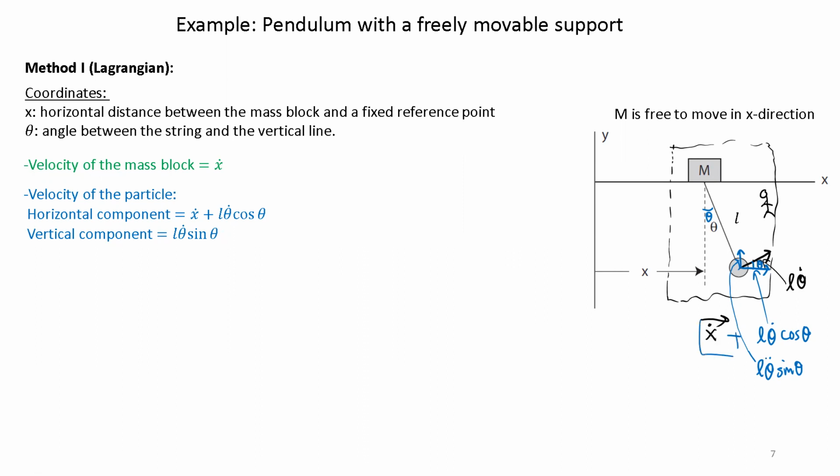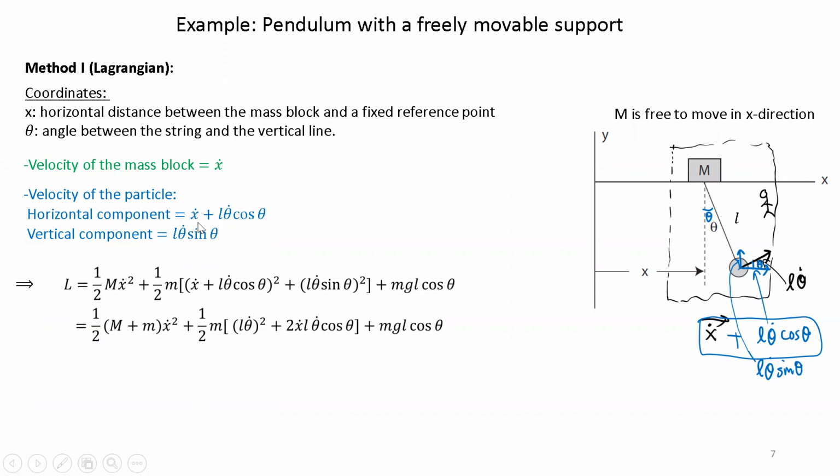This is the actual horizontal component of velocity for this particle, and that's what I write down over here. For the vertical one, you don't need to worry, because the coordinate is not moving up and down, so the vertical component is still L theta dot sine theta. Now I'm ready to write down the 1/2 mv squared for this, and the 1/2 mv squared for this.